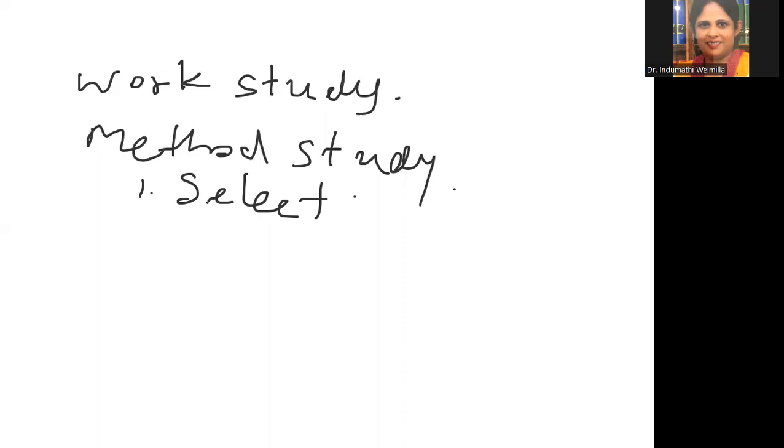Once the task has been selected, all persons connected with the selected task must be informed of the study, the reason for the study, and the benefits likely to accrue from it should be explained to them to overcome psychological resistance to the study.